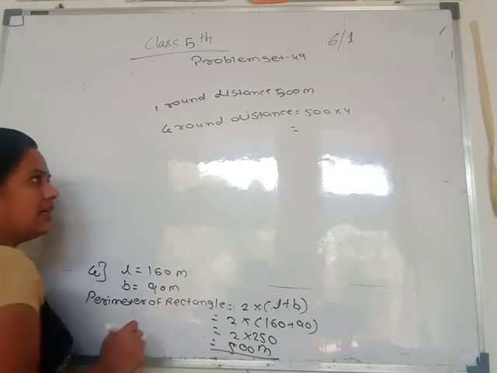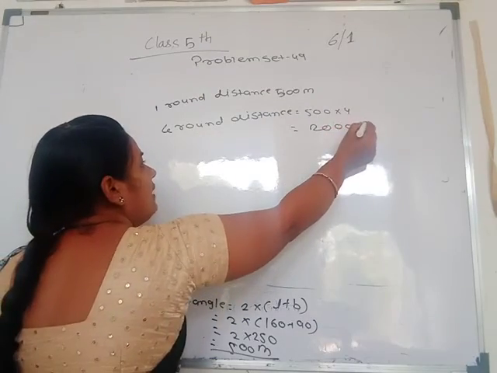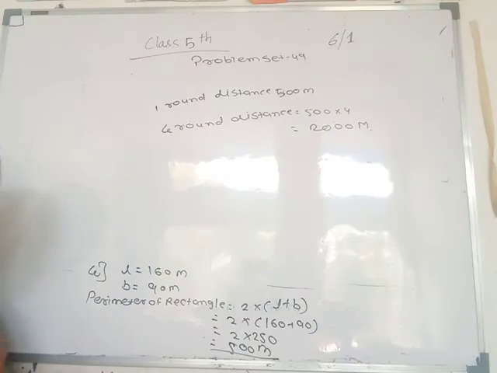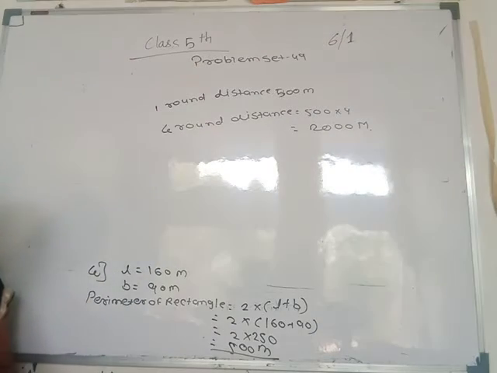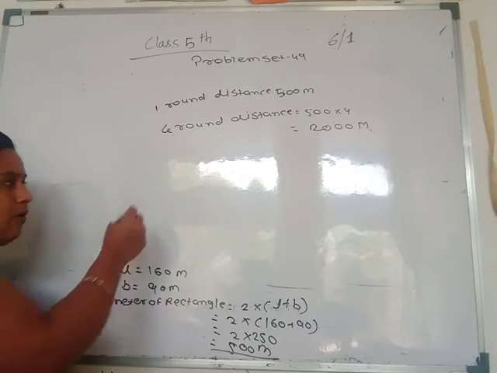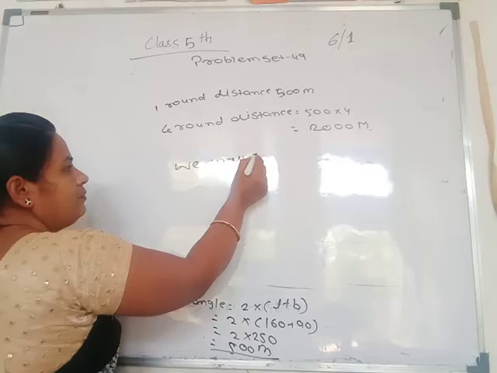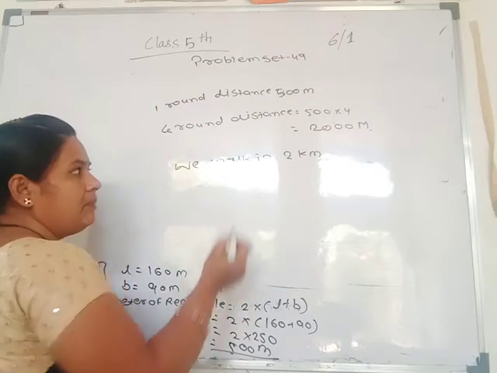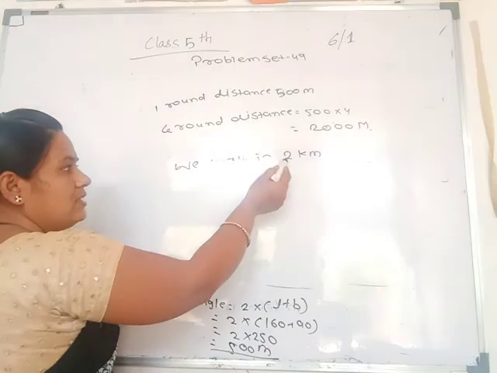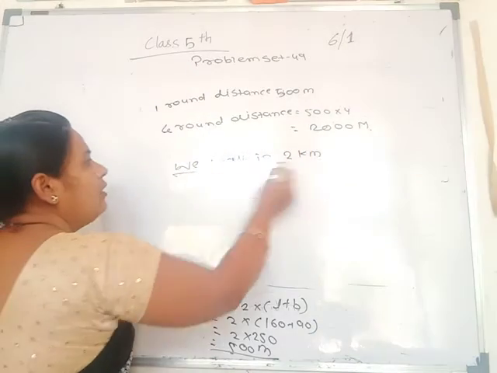Do the multiplication: 4 times 5 is 20, and this 2 0 gives 2000. This answer is in meter, 2000 meter. But the question asks, what is the distance we walk in kilometers? 2000 meter means 2 kilometer, because 1 kilometer is equal to 1000 meter. Therefore 2000 meter is equal to 2 kilometer.